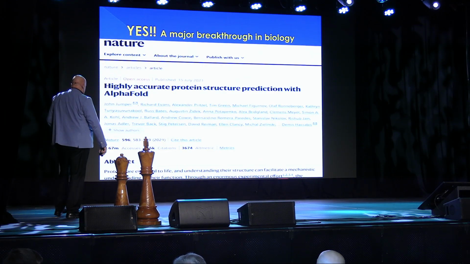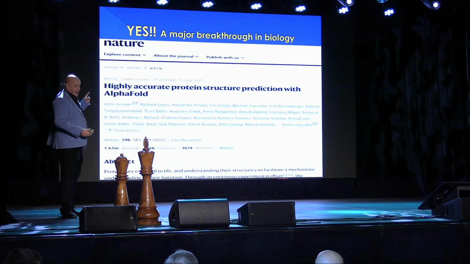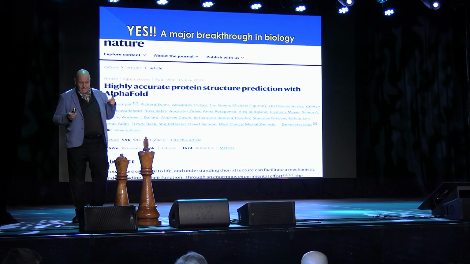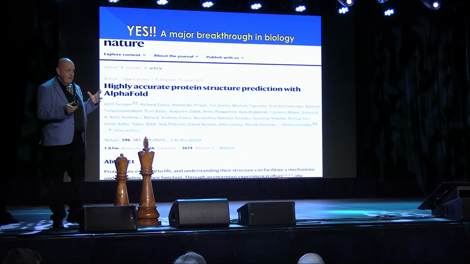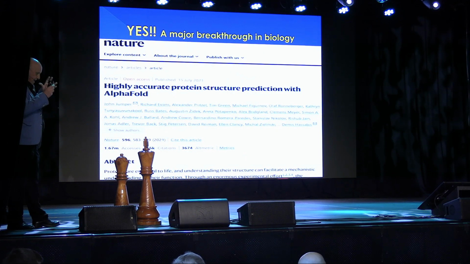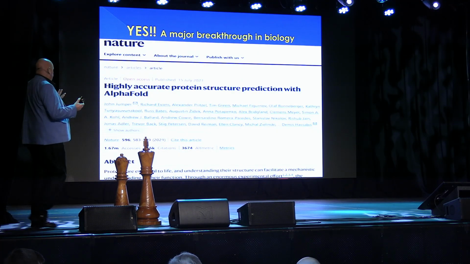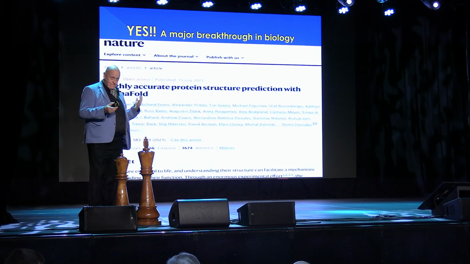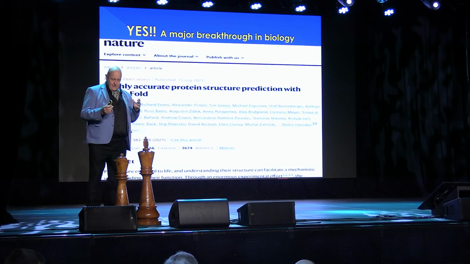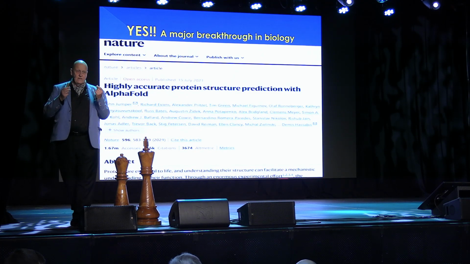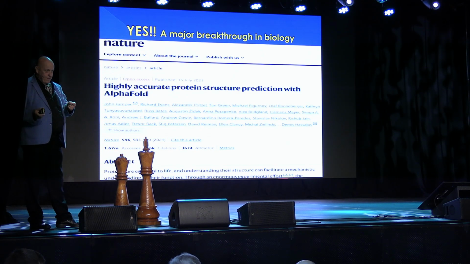Because 3 years later, they created AlphaFold, and AlphaFold was able to understand the structure of proteins. Why is that so important? Well, protein is a very basic element for life.